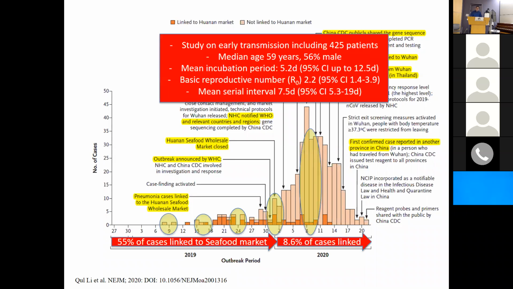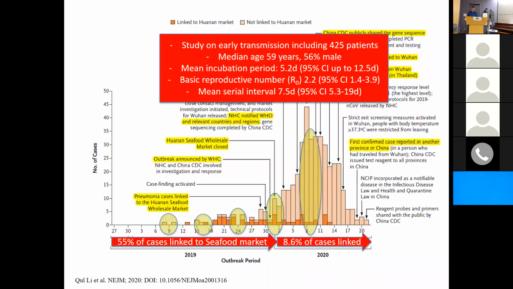A study on early transmission that was published mid-January, which included 425 patients, showed a median age of 59 years, predominantly males, a mean incubation period of 5.2 days, an R0 of 2.2, and a mean serial interval of 7.5 days. The serial interval is the time from an infected index case until you see the infection in the next group of people infected by that index case.